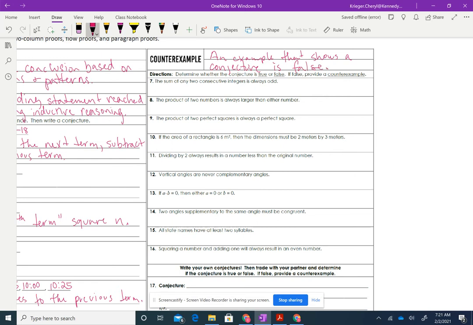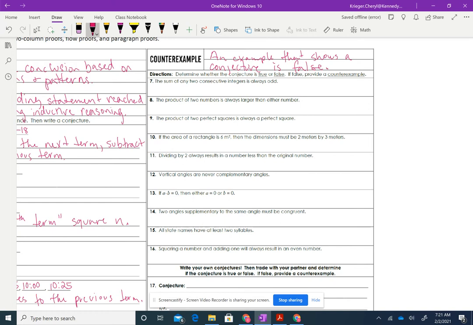Okay, so 7 through 16 says determine whether the conjecture is true or false. If it's false, write a counterexample. So the sum of any two consecutive integers is always odd. Okay, well, what is a consecutive integer? A consecutive integer is 1 and 2, 3 and 4, right?